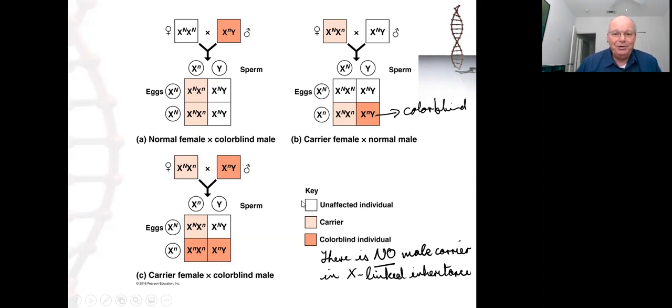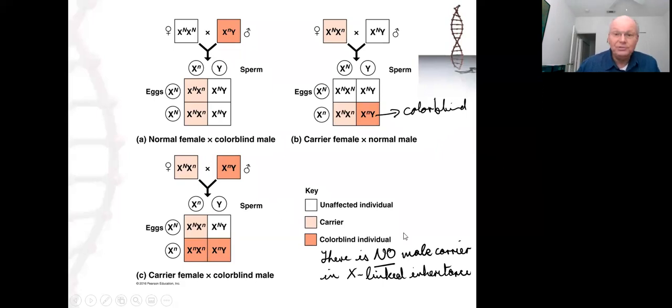So you can see that these inheritance patterns are very, very different from anything that Mendel might have predicted. Because remember, in everything that we talked about as far as Mendelian genetics is concerned, gender did not even enter into the issue. There was no consideration of gender. But now gender becomes really important because the gender chromosomes do contain genes other than the ones that determine gender.